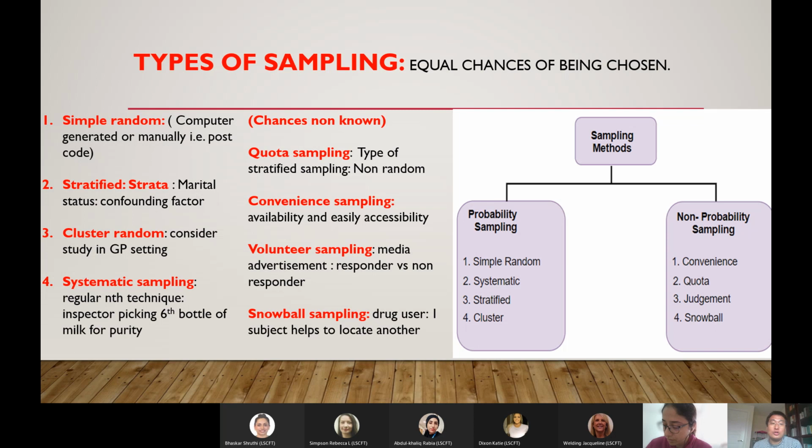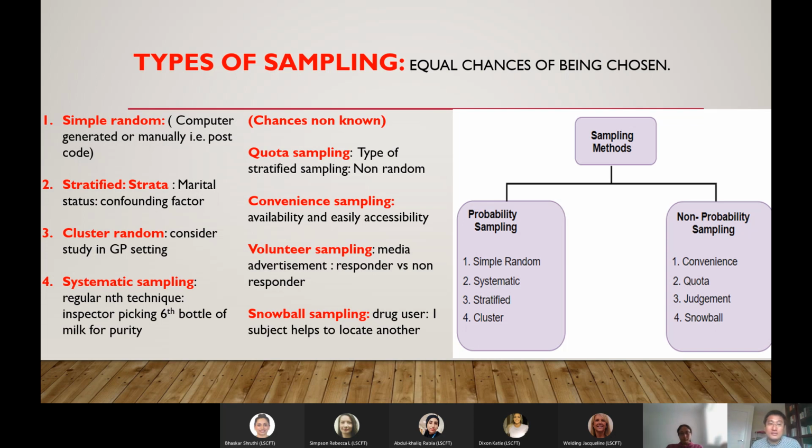If they mention drug users who have to locate the next one, the sampling will be snowball sampling. Okay, but if someone comes voluntarily, for example, we do a study and we say, if anyone is interested to come for a study, that is voluntary. Convenience is whoever you find. For example, we do a local teaching and we say, okay, let us collect feedback.